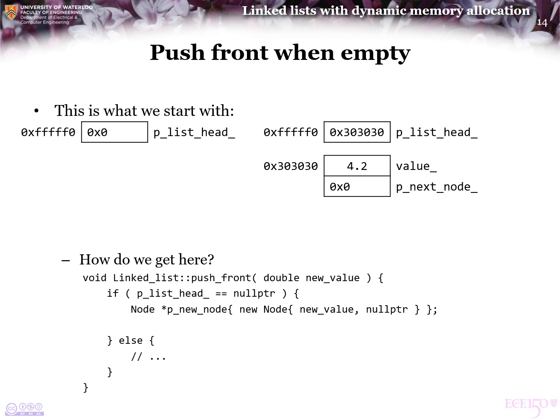We will temporarily store this address in a local variable, pointer to new node. So we now have a local variable storing the address of this new node. All we have to do now is set the list head to be this address. Okay, that's it.